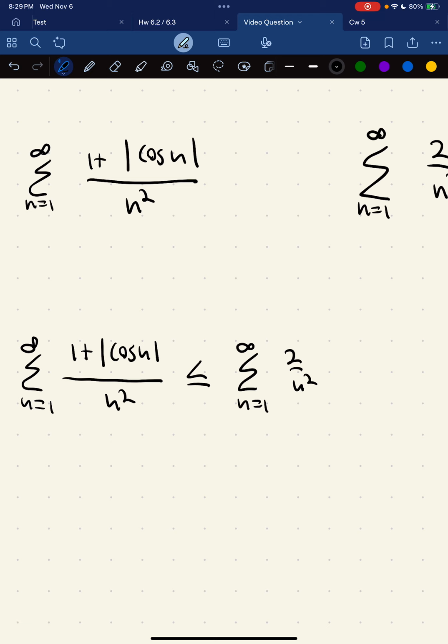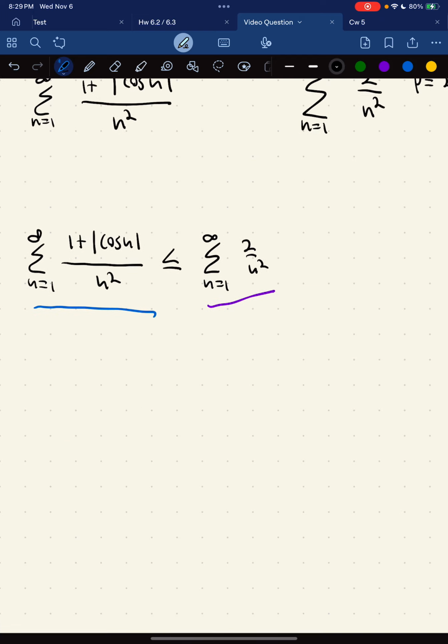At a maximum, the absolute value of our given series is going to be 2 over n squared, and at a minimum, it's just going to be 1 over n squared. So for any n we're given, the absolute value of our given series is always going to be less than or equal to the p-series. And because the p-series converges, that must mean the absolute value of our given series also converges by direct comparison.